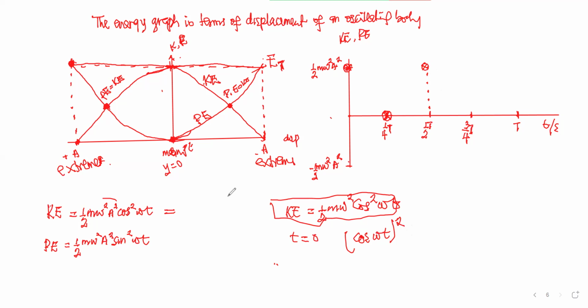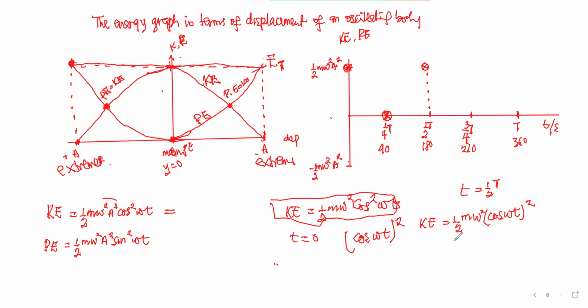Okay, so let's do it for when t is equal to half of the period. So we are plotting it for kinetic energy. So KE will be equal to half m omega squared cos squared omega t, which is the same as cos omega t all squared. I said this can also be represented as angle 90, 180, 270, 360. So it is always quick when you use angle.